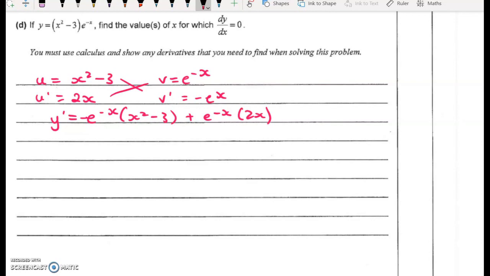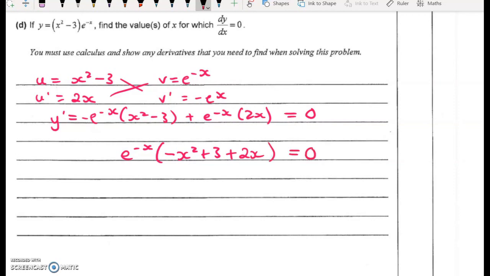Okay, now we need to find the values when that is equal to 0. So we can take out a factor of e to the minus x, and we will get minus x squared plus 3 from the first one, because look, there's the minus at the front there, so we need to make sure that minus goes back into that bracket that we've taken out here, because we're only taking a positive e to the minus x out. And then plus 2x from this bracket here is equal to 0.